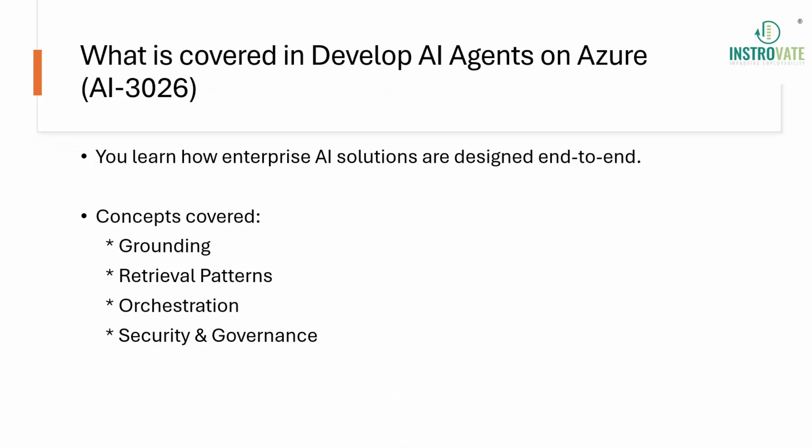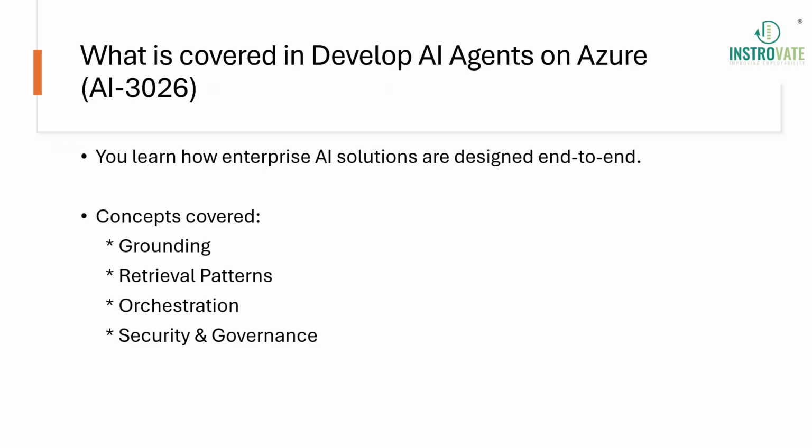Now, let's discuss what we actually learn in this course. At its core, this course teaches you how enterprise AI is built so that it behaves correctly, securely, and predictably.